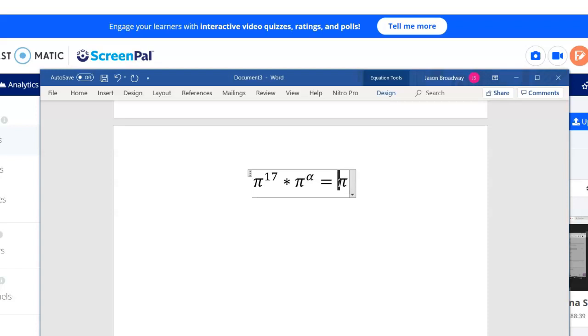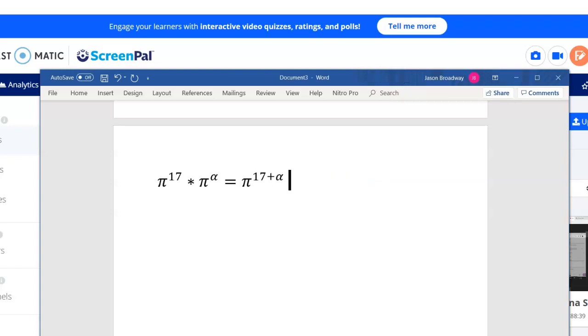It's just pi to the power of 17 plus alpha. And alpha could be positive or negative. I don't know, but we don't care. The whole point is the base is positive. Pi is a positive number. We're fine.